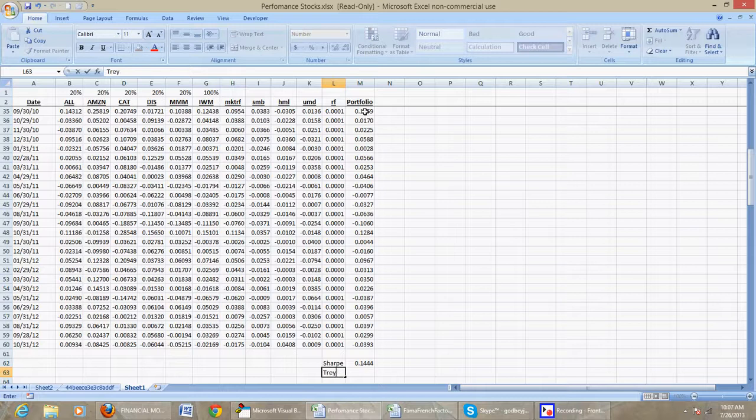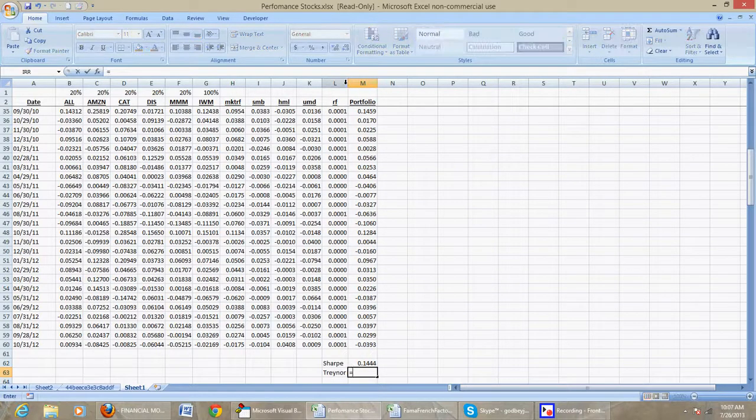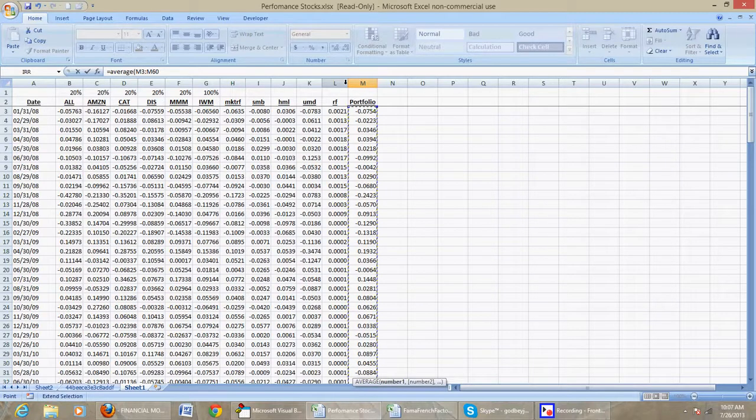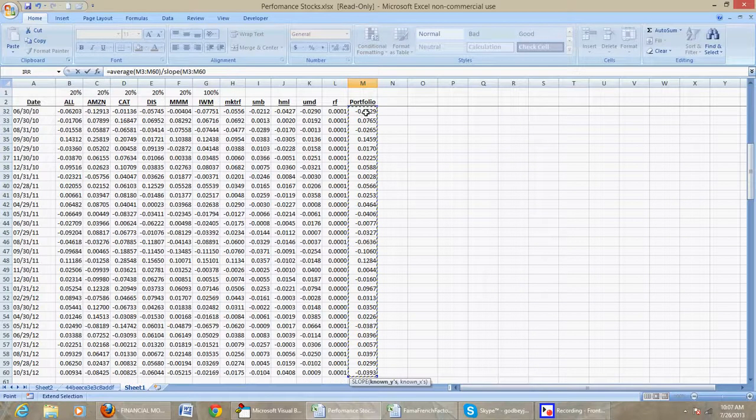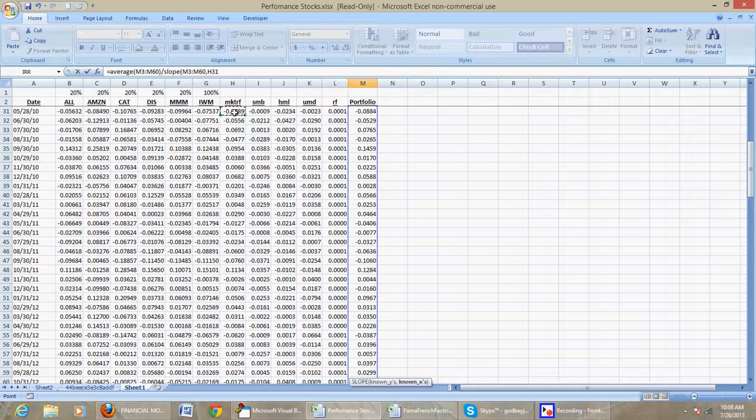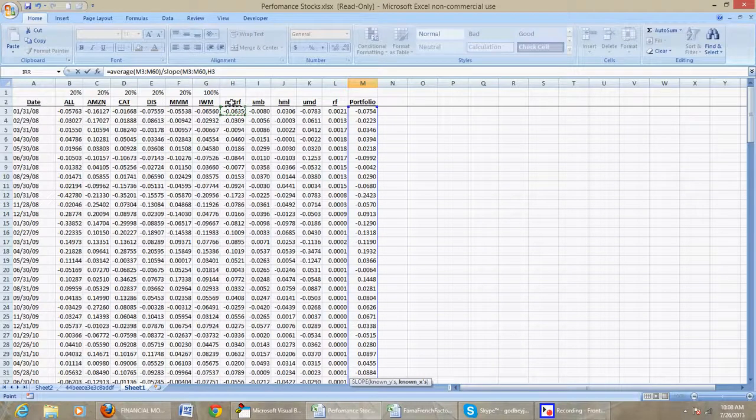My Treynor measure is going to be a little bigger. It's going to be the average. Again, the exact same numbers, control up, divided by the beta, and for beta I can just say slope of my portfolio is the Y's, control down, comma, my X's are the market, and notice this is the market right here, and that this is the RF means market minus risk-free rate.